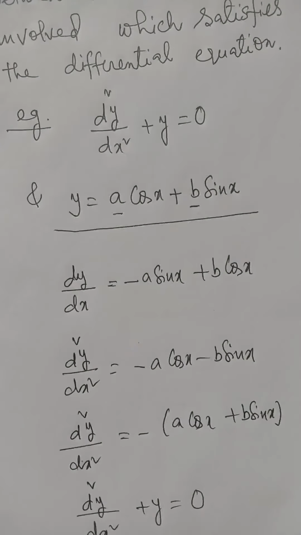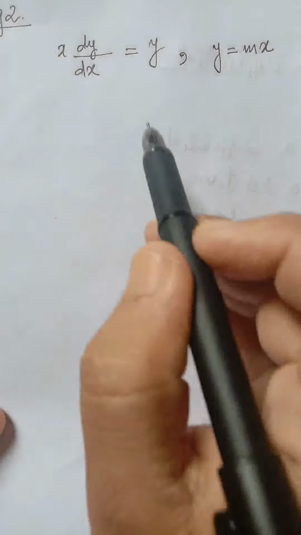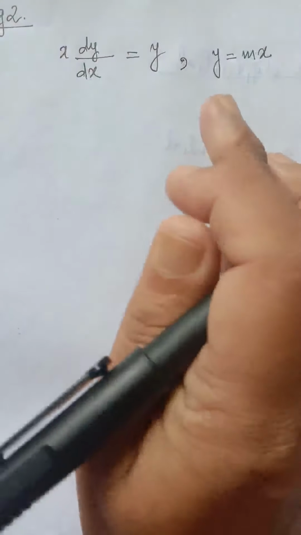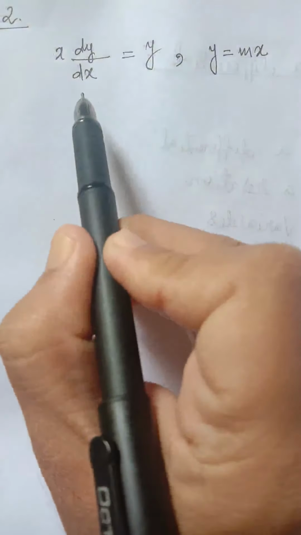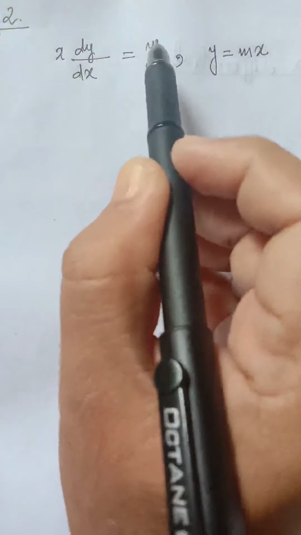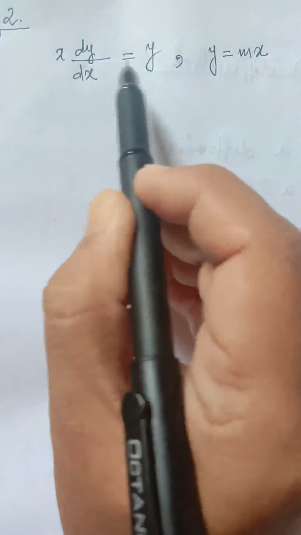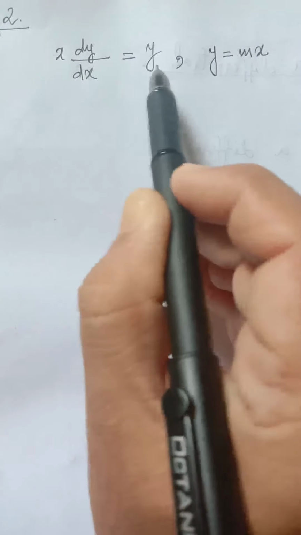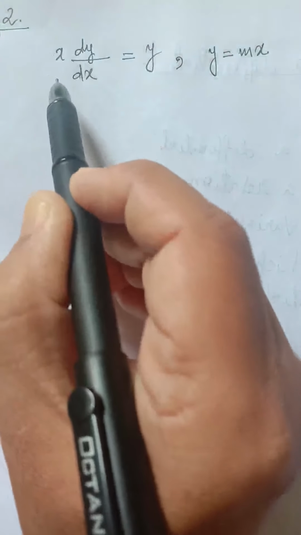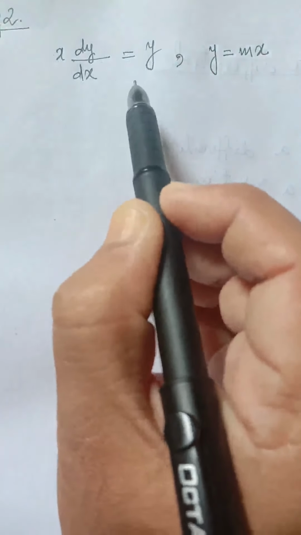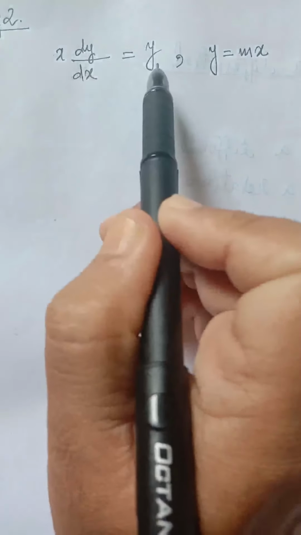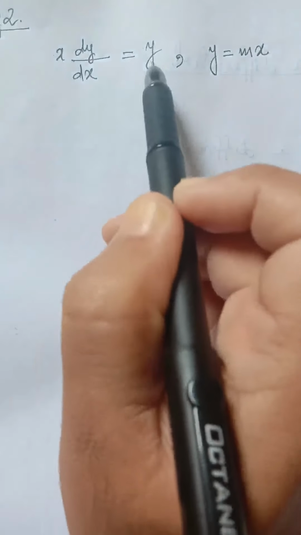I am taking another example. Here I have written two relations. The first one is x dy by dx equal to y. This is a relation between derivatives and variables, so it is a differential equation.